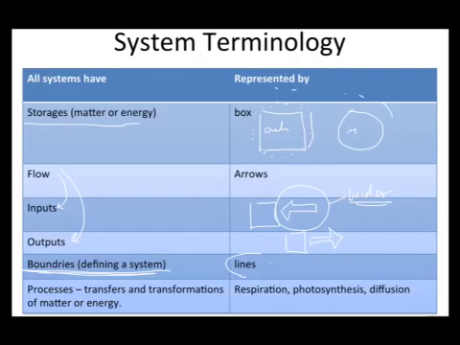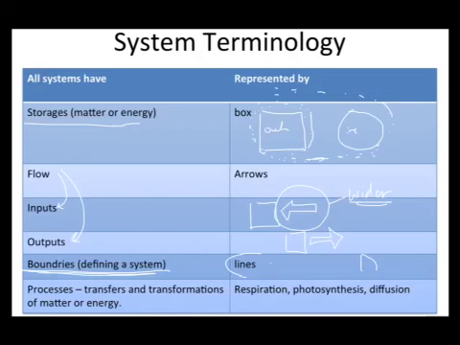Or we can make the boundary the whole community, which is the collection of both populations of trees. That's going to have different inputs and outputs, so it's very important to define your boundaries in these models.